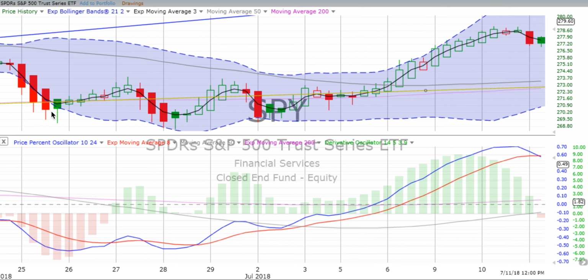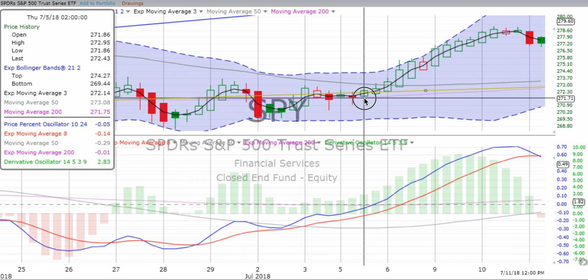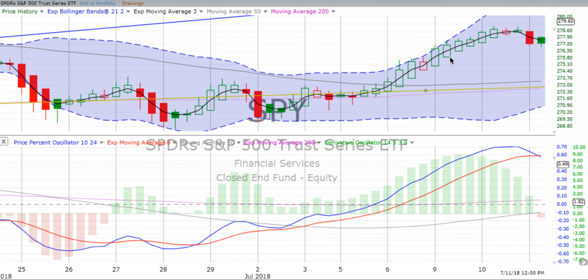Things will initially try to find bottoms, but once it finds that bottom and your candles convert over to green open box candles going up, and your derivative oscillator starts moving up and your price percent oscillator is moving in the same direction, you ride that gravy train until you start seeing the derivative oscillator losing its momentum.